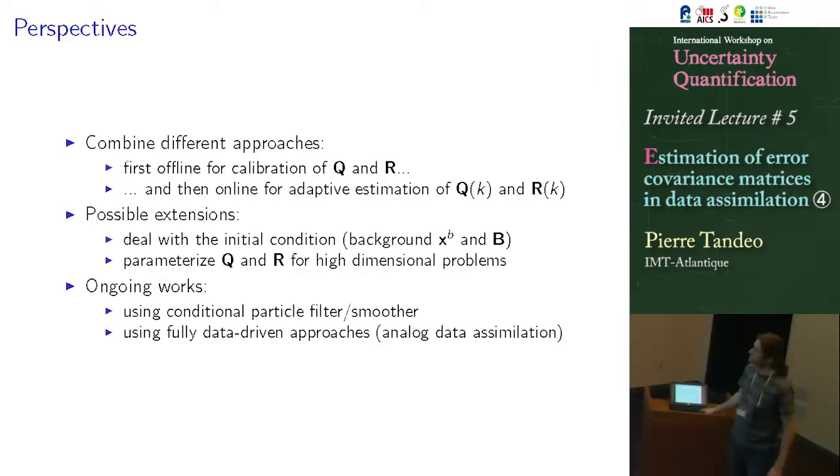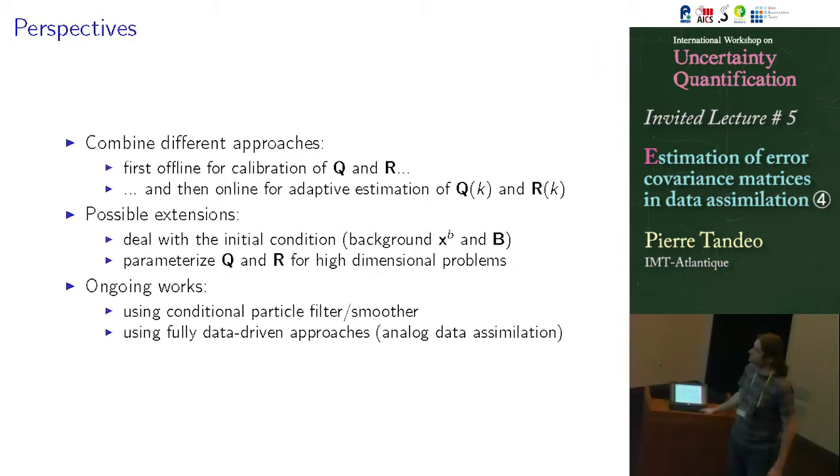For instance, the EM estimation is very robust, but it's offline. We need a batch of observations, and on these observations we do some iterations and estimate Q and R. It is good to use an offline method just to calibrate and see the global form of Q and R. Then we can use online adaptive estimation, adaptive in the sense that Q and R can vary in time.